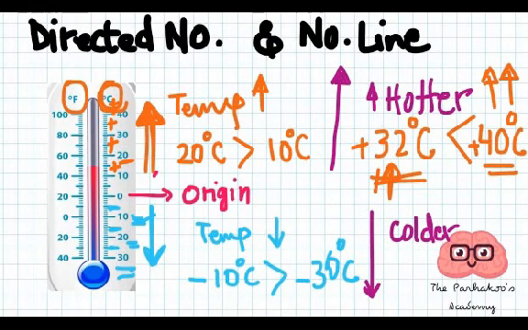Similarly, if you see this side, the negative numbers, if the temperature in your area is negative, let's suppose negative 8 degrees Celsius, it is cold, right? Negative 8 degrees Celsius means it's colder.